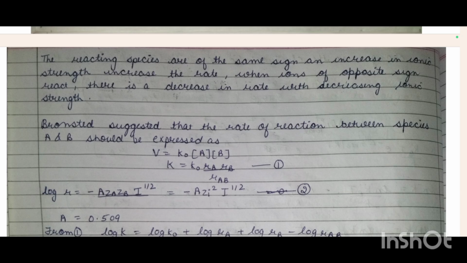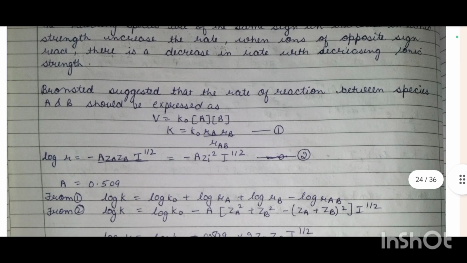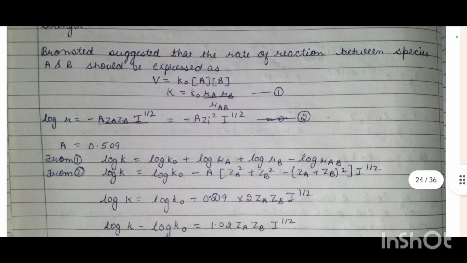Bronsted suggested that the rate of reaction between the species A and B should be expressed as v is equal to k₀ [A][B], and k is equal to k₀ γ_A γ_B divided by γ_AB. Log γ is equal to minus A z² I to the power 1/2, where A is equal to 0.509.